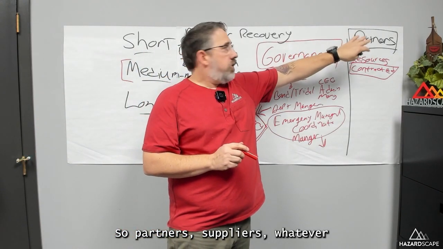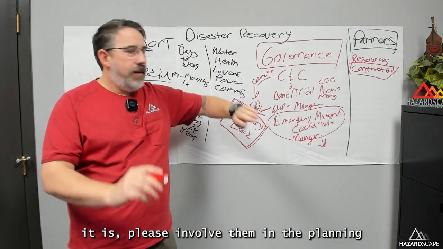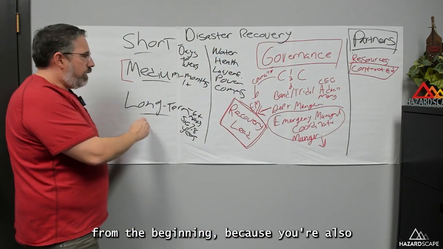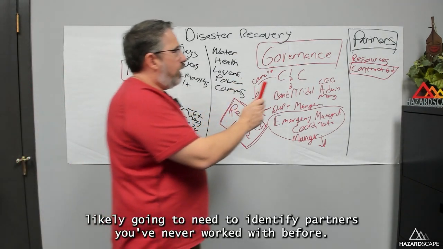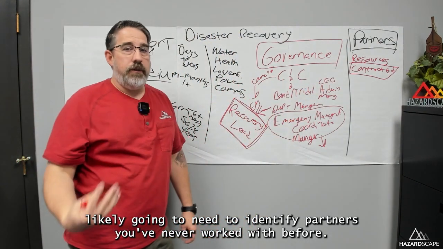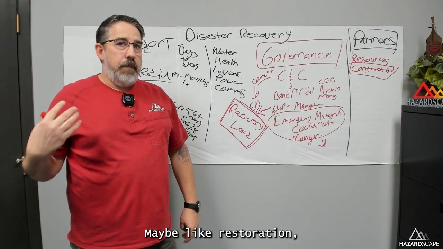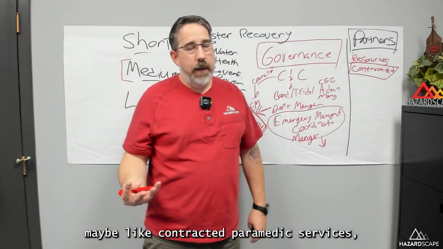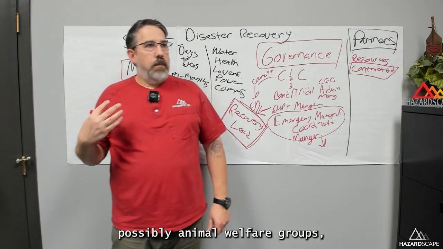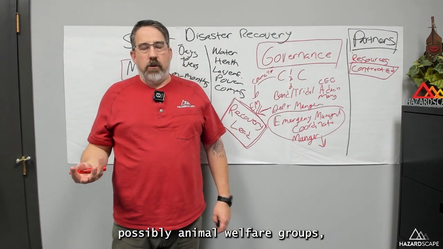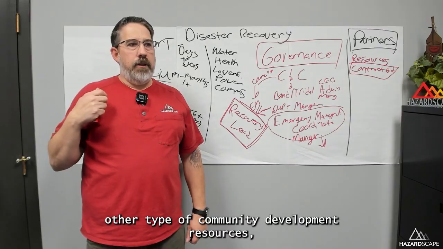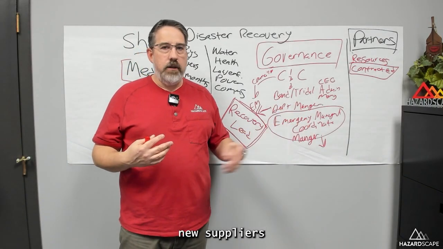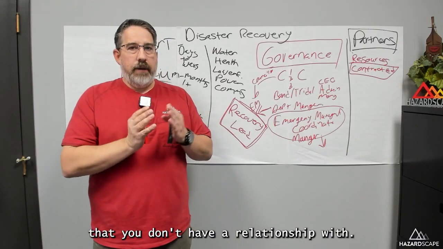So partners, suppliers, whatever it is, please involve them in the planning from the beginning, because you're also likely going to need to identify partners you've never worked with before, maybe like restoration, maybe like contracted paramedic services, possibly animal welfare groups, other types of community development resources, new suppliers that you don't have a relationship with.